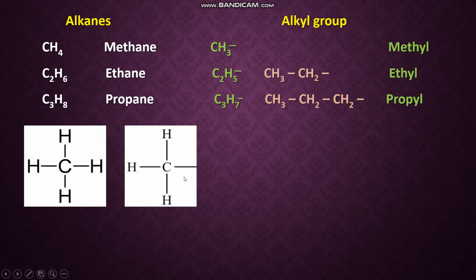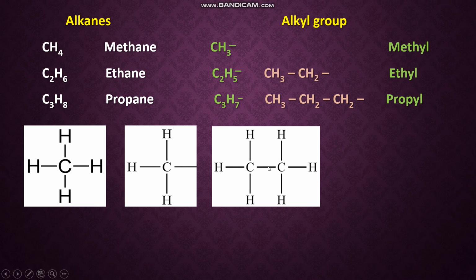Next, consider ethane. Its formula is C2H6. So we can see its structure. Carbon is bonded to one carbon by one single bond and remaining valence is satisfied with the hydrogen. So CH3, CH3. If you are writing together, we can write CH3, CH3 or C2H6.